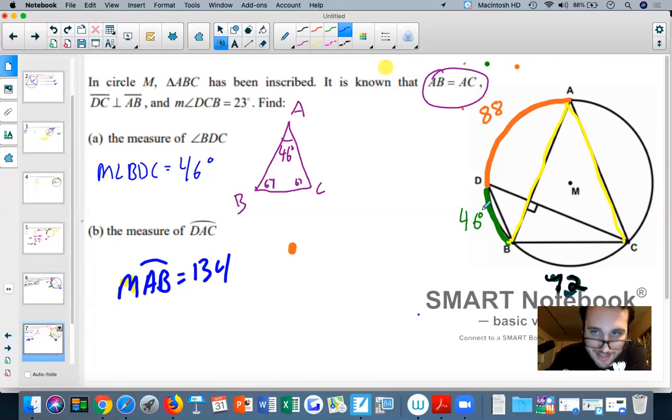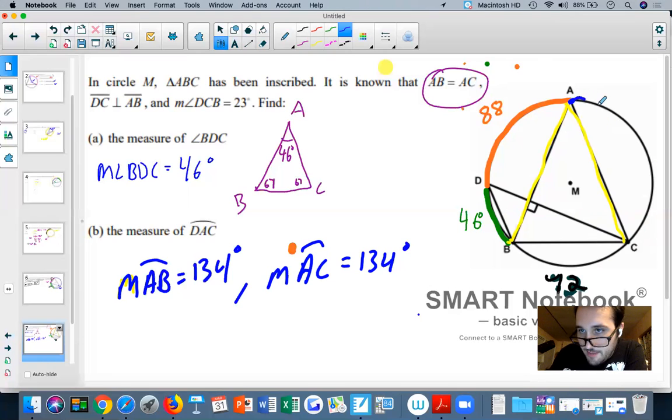But isn't that the same arc as AC, right? Because this yellow congruent chord is the same as AB. So that also means that the measure of arc AC is 134 degrees. That means this piece is 134.